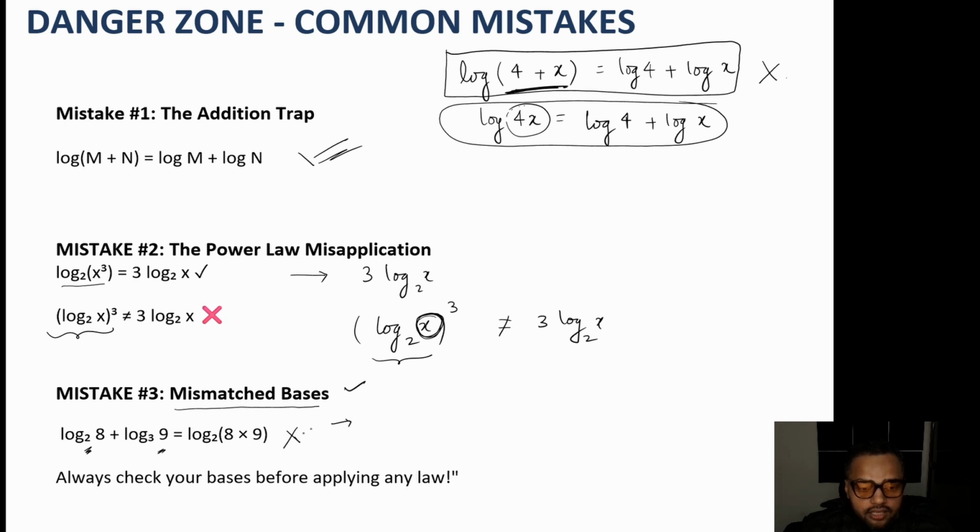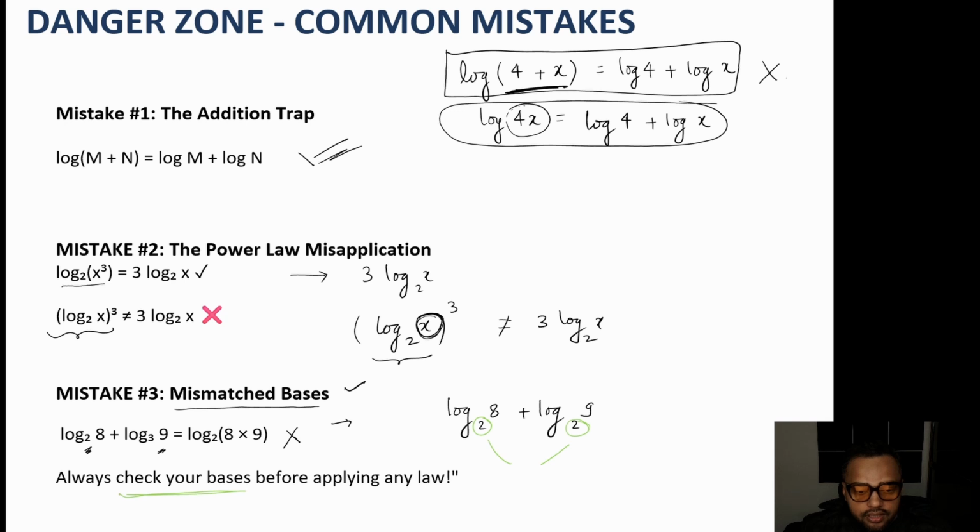Why is this so? Log of 8 base 2 plus log of 9 base 2, this could be combined, student. So what we need to see is that first the bases should be equal. This is the major part.